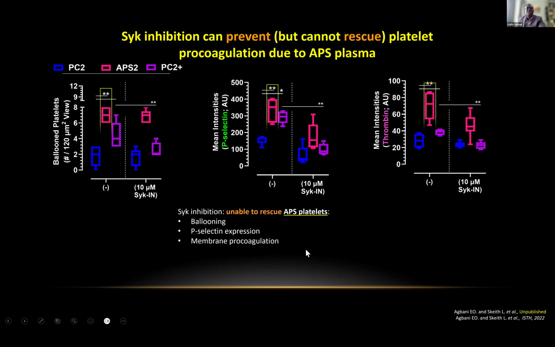However, when we focus on APS platelets themselves, we see that SYK inhibition is unable to rescue APS platelets from ballooning and P-selectin expression. So this really is pointing to the fact that APS platelets are pre-activated in circulation.